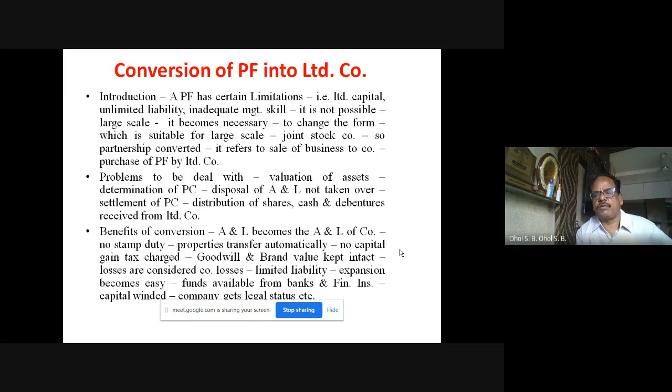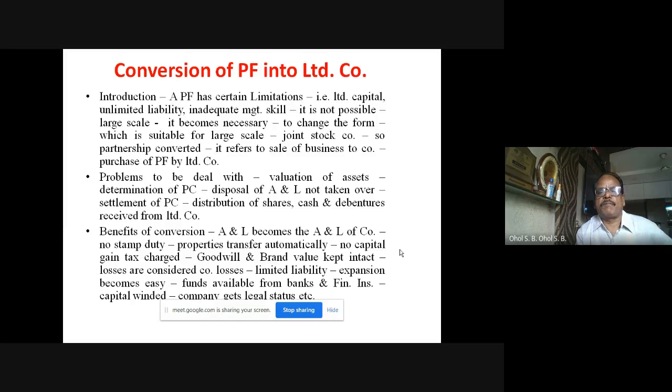Now in the case of a partnership firm, if the turnover is 5 crores or 10 crores in a particular year, for example, it can become 50, 40 or 30 crores in a particular financial year. So expansion also becomes easy in the limited liability company.